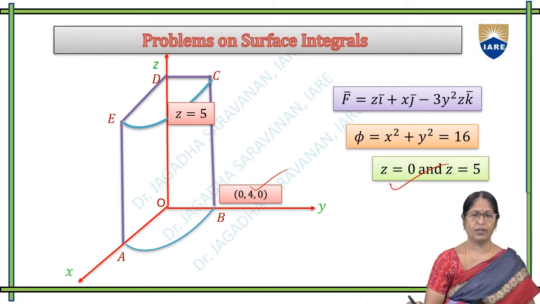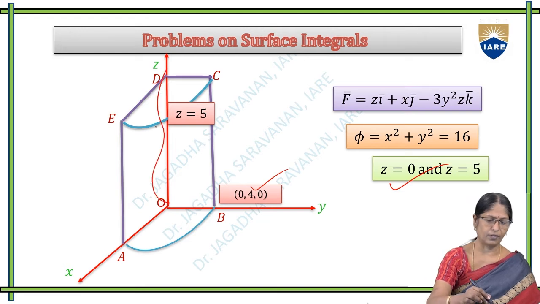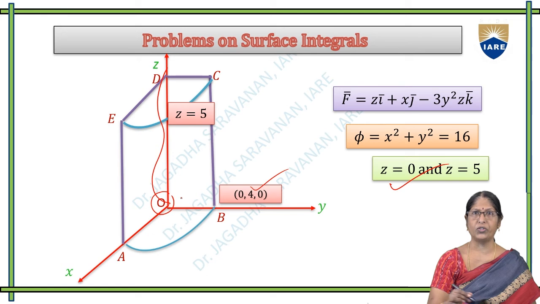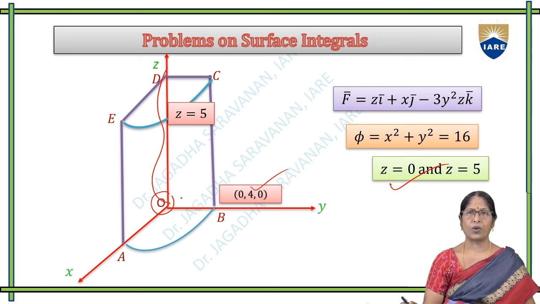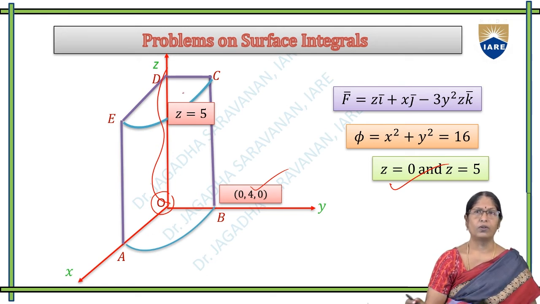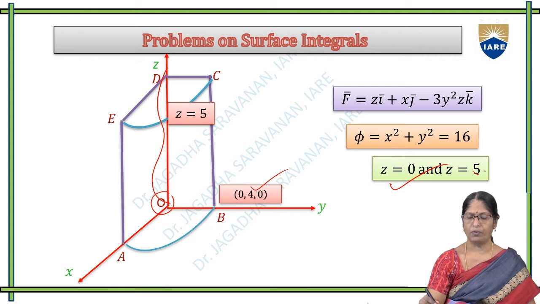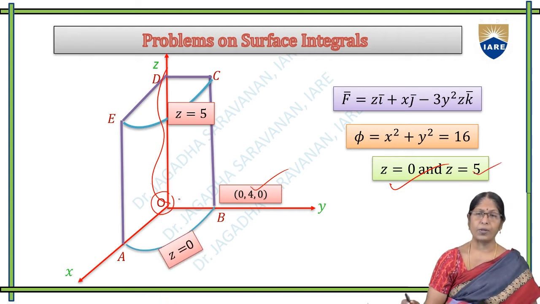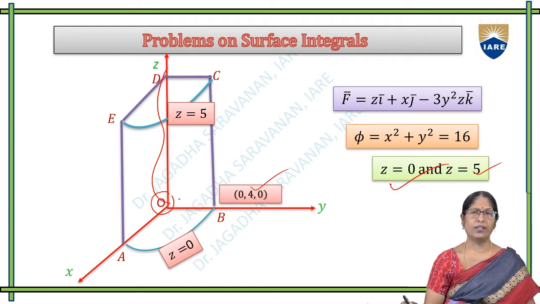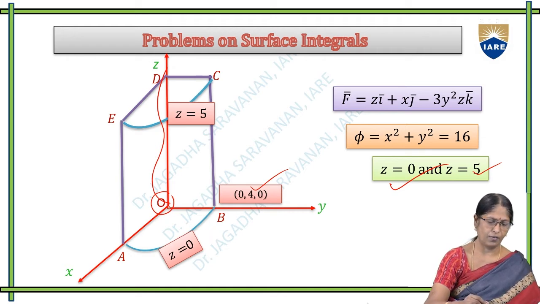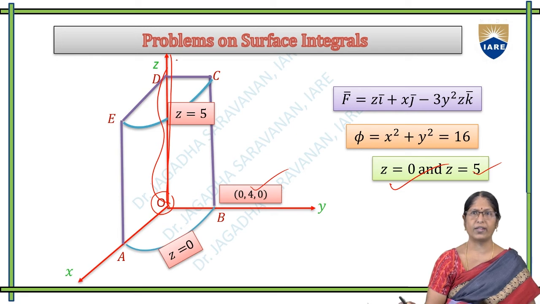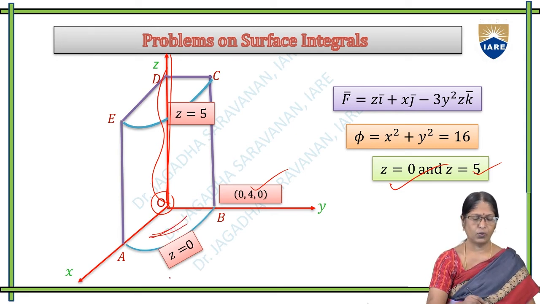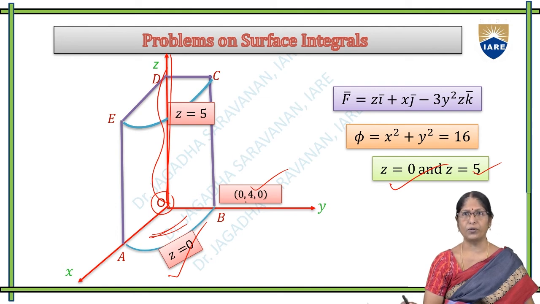That is, O is our origin, from where it moves up to 5. From the figure itself we can easily see it. Here is the Z dimension. Here the value of Z is 0, which is Z equal to 0.